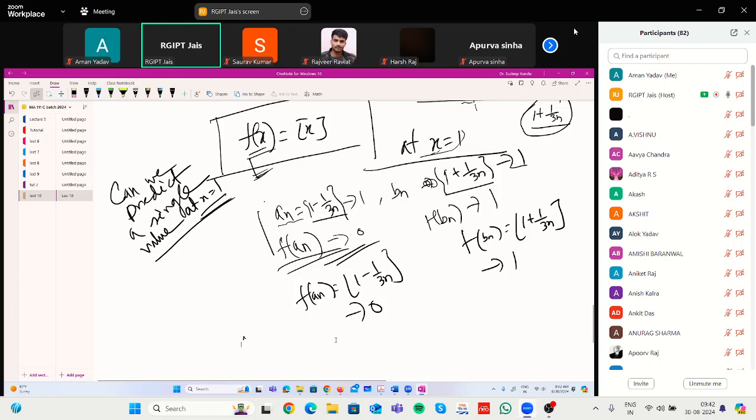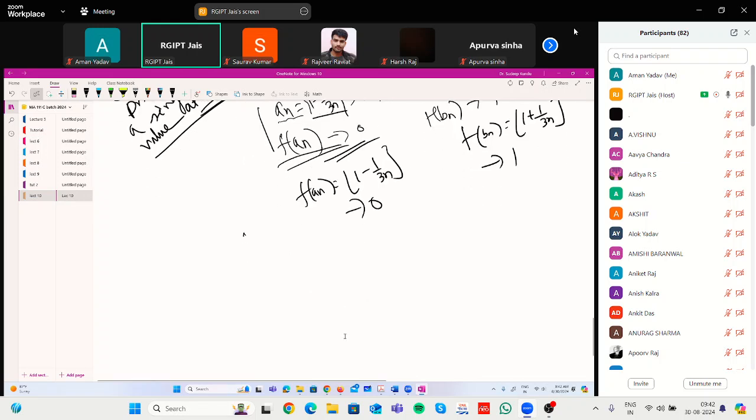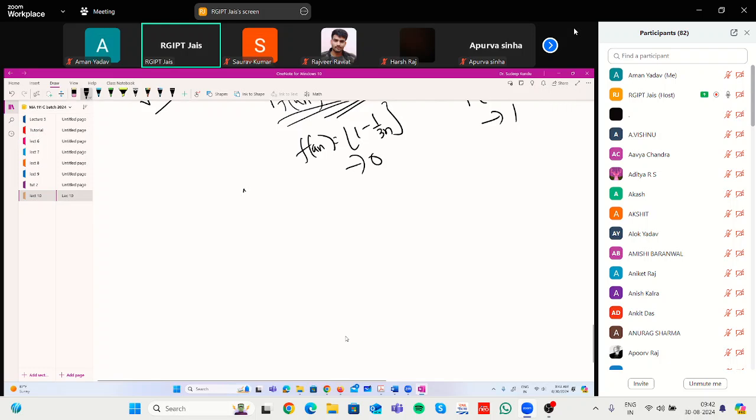So consider any sequence which converges to some value where you have to find the limit. So I should write the definition here, in the sequential criterion.